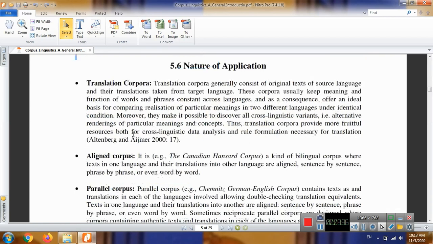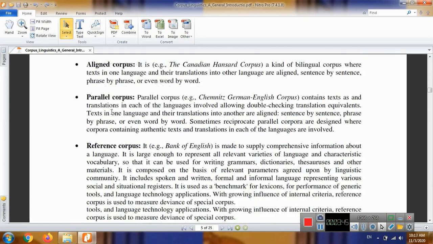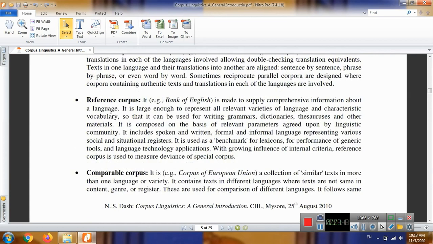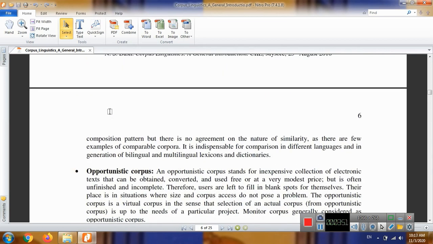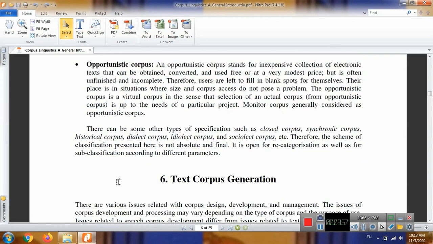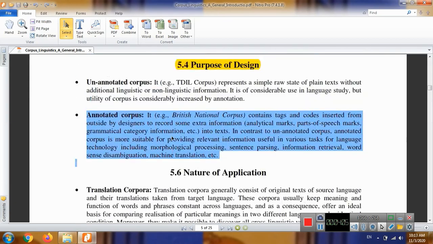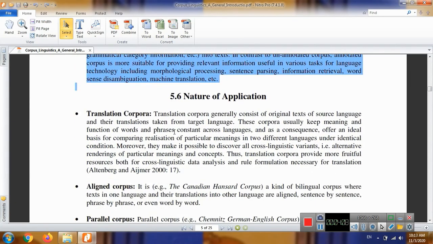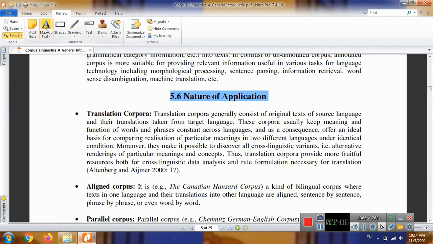Under nature of application, we have some kinds of corpus: translation corpora, aligned corpus, parallel corpus, reference corpus, comparable corpus, opportunistic corpus, and other types of corpus which we just refer to. But what about translation corpus? This title is important and I highlight it for you.